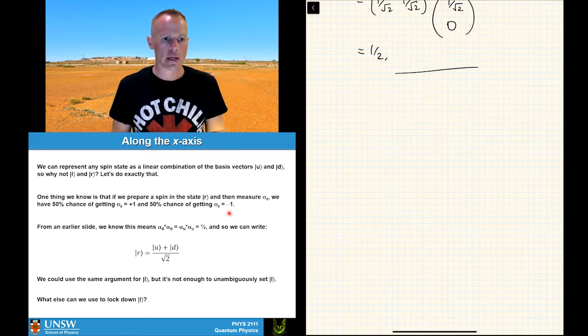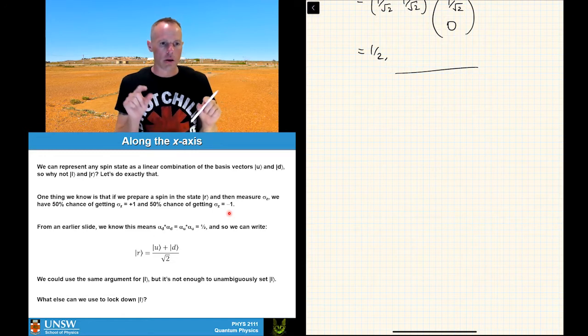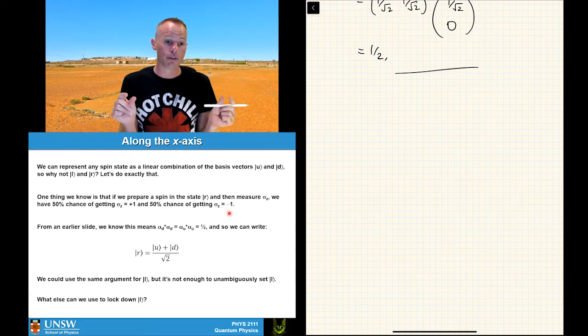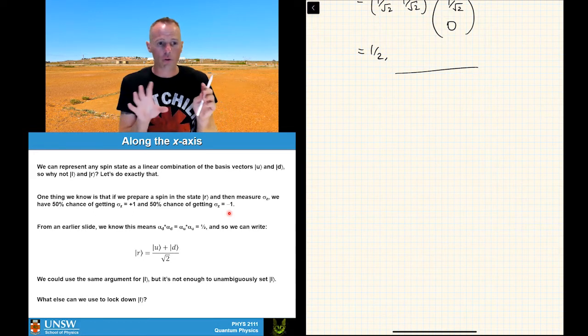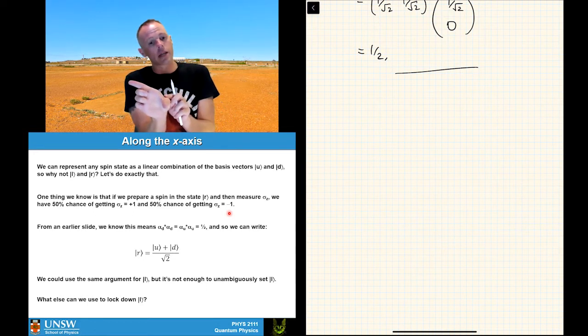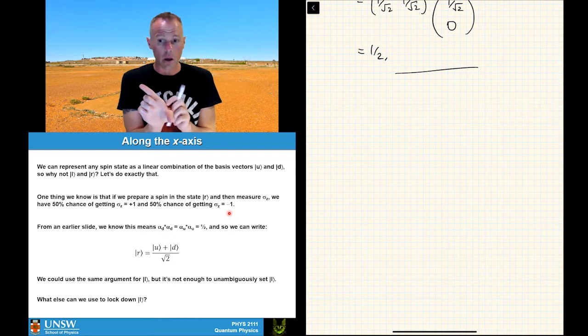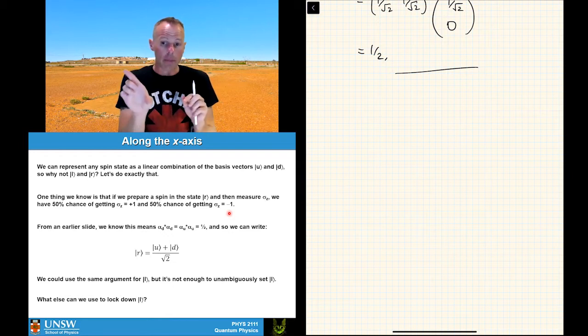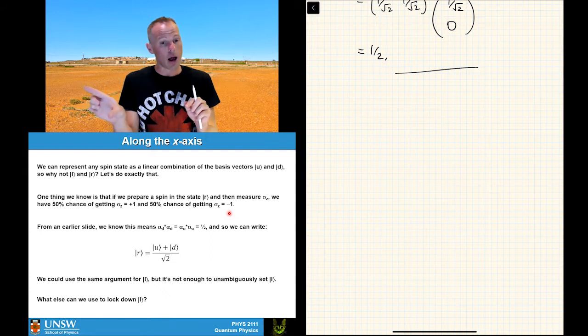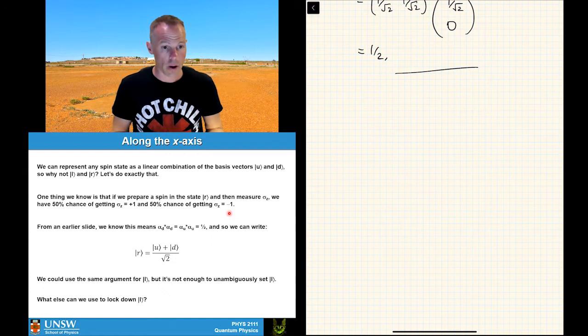So what that means is that the probability of up is a half, the probability of down is a half, and if we think in terms of the arbitrary state vector described by alpha u and alpha d in the first half of the talk, what that means is alpha u conjugate is equal to a half, and alpha d conjugate is equal to a half as well, right?